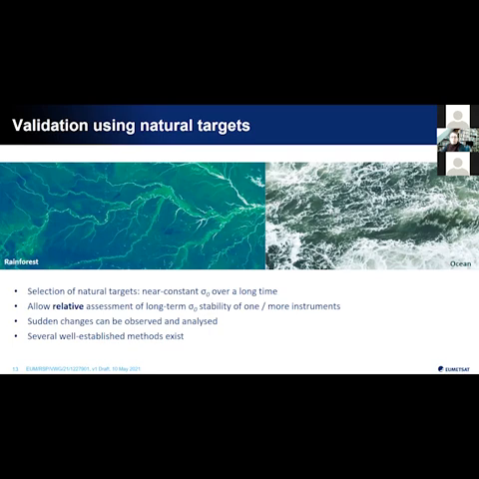This allows us to assess the long-term stability of one or even more instruments, and also to check that the calibration between the beams is stable and so on. And this allows us to see if there are any jumps in the signal which occur. And there are several well-established methods to do that. So mainly we will focus on the rainforest and on the ocean.